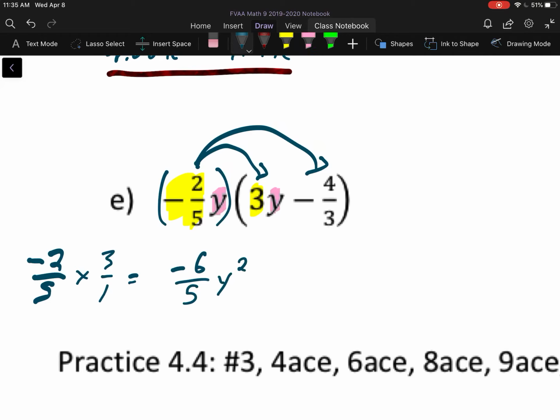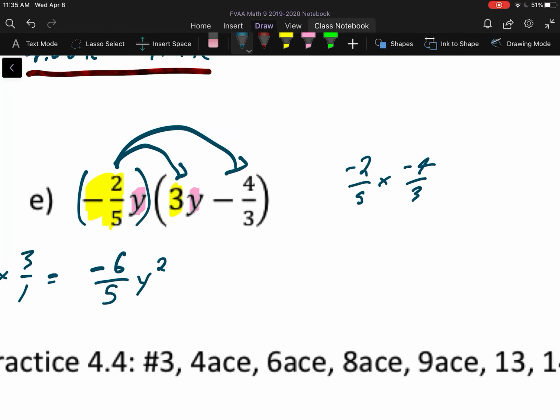And then I'll do a side calculation here. Negative 2 over 5 times negative 4 over 3. That's going to give me positive 8 over 15.